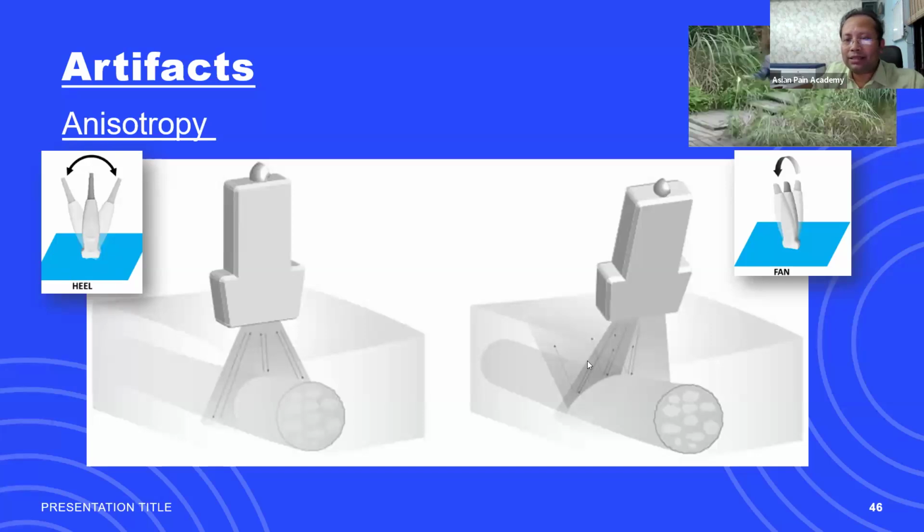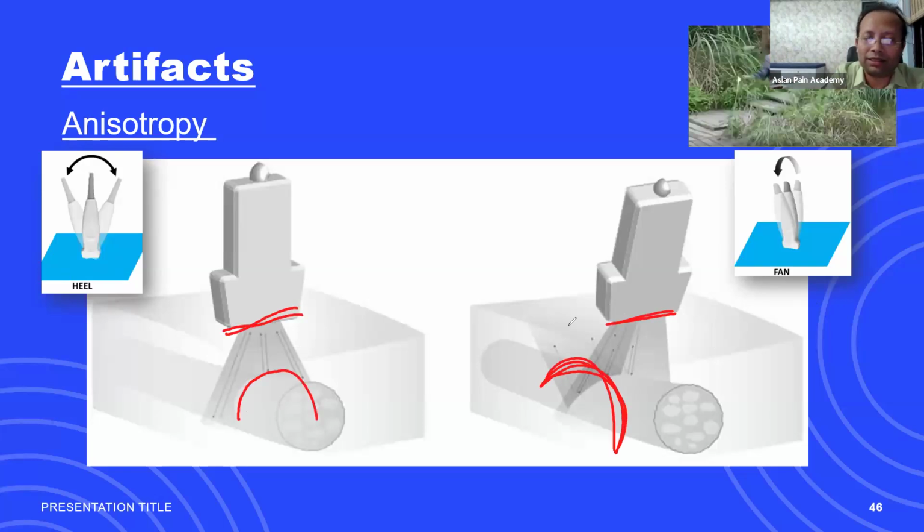Then this is also another maneuver. This is called fanning. This is also for anisotropy. Why? Because as I told you, this is a curved thing, this is a straight. But this curvedness can be in this way also, in this way. Understand the direction: this is 90° to this one.